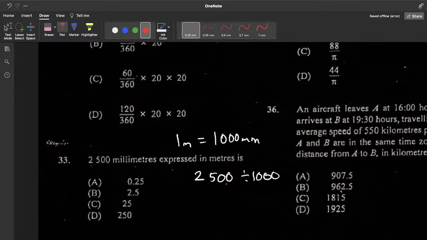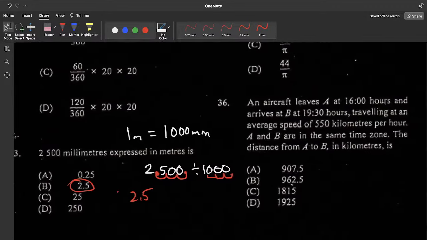Here would basically be where the decimal would be, because it's the end of the number, 2,500 point whatever. If we divide by 1,000, we have 3 zeros. So all we need to do is move this point 3 times. So we go 1, 2, 3. So 2.5 meters is 2,500 millimeters. So this would be our answer.